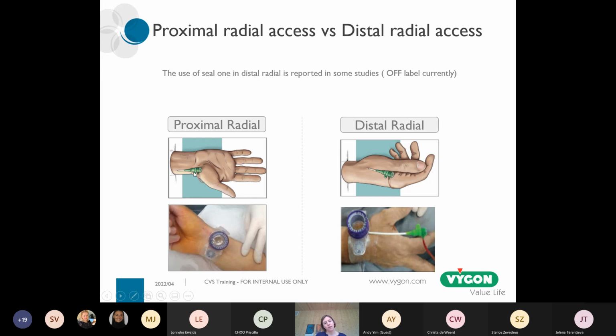Just one picture: here you have the proximal radial access. This is the common radial access. And now some doctors, since a few years, but not a lot, perform angioplasty or angiography by distal radial access.